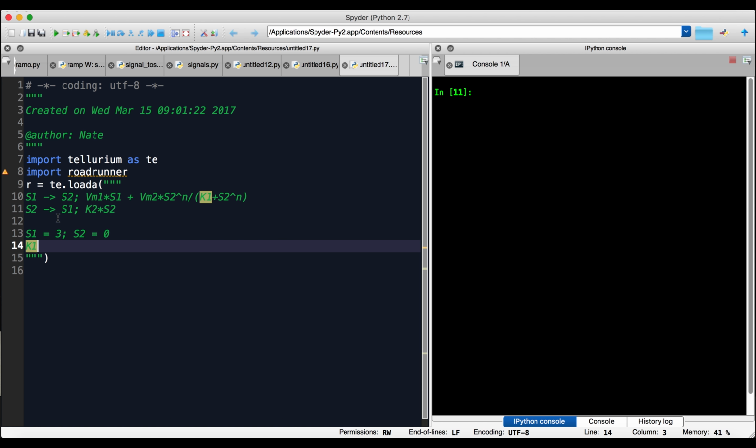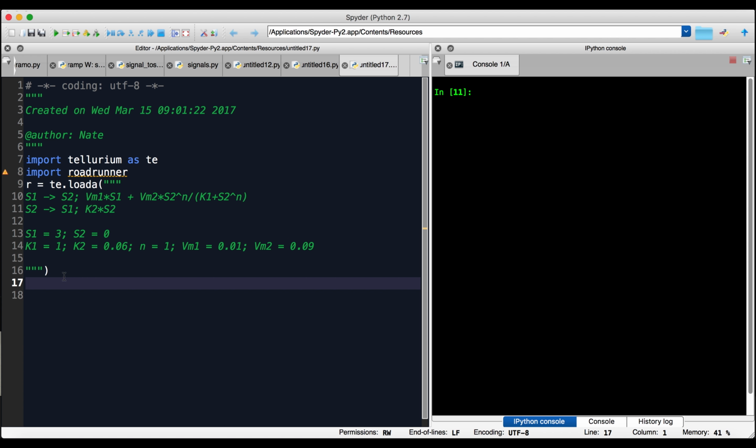Then K1 equals 1, K2 equals 0.606, N is 1, VM1, VM2.